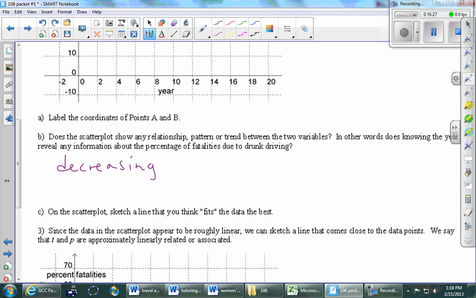We can also say that the trend is relatively flat. It wasn't a sharp decrease, but it seemed like a pretty shallow decrease. So let's say it's a shallow decrease or decline.